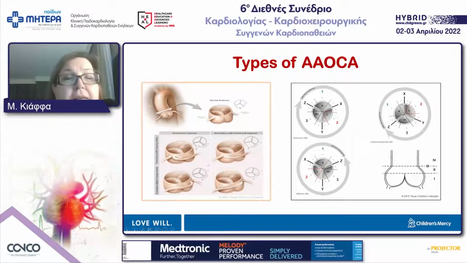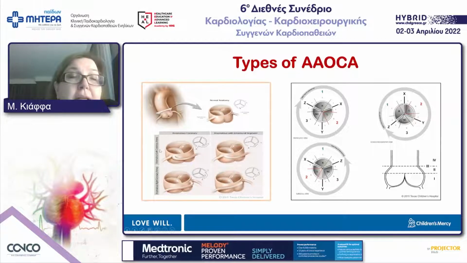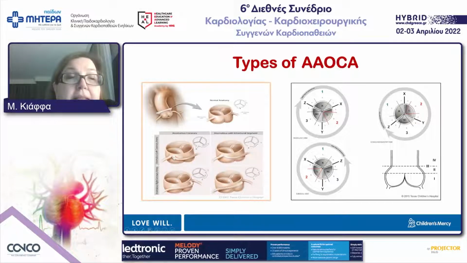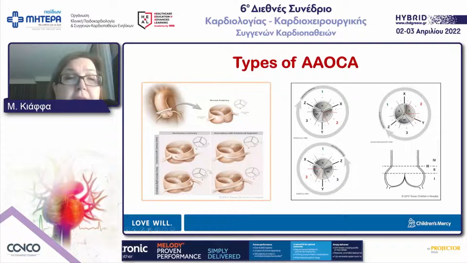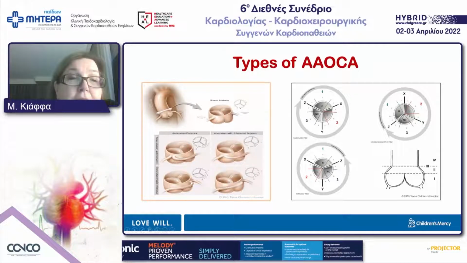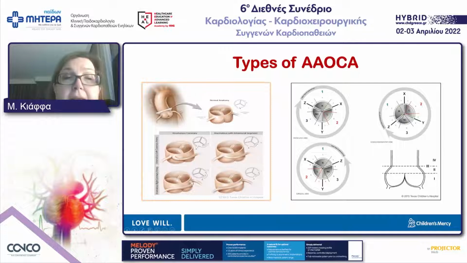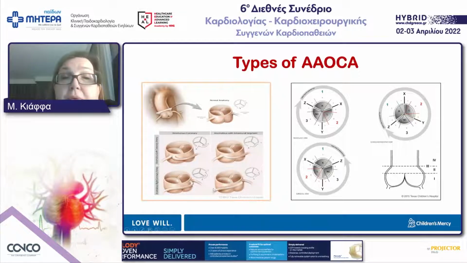You can have the anomalous left coronary artery coming from the right sinus, and it can have a discrete origin from that sinus, or it can have an intramural course. And of course, you can have anomalous origin of the right coronary artery from the left sinus, again, with a discrete origin or having an intramural course.